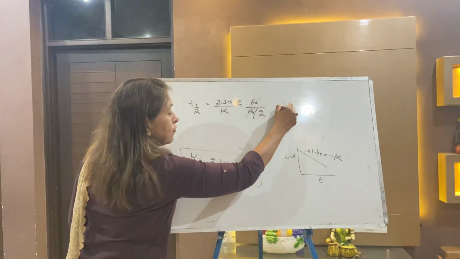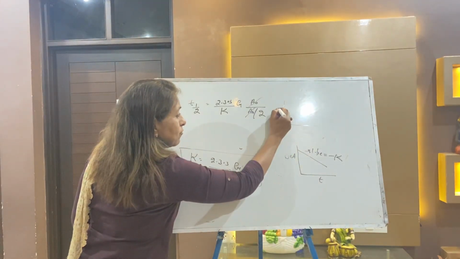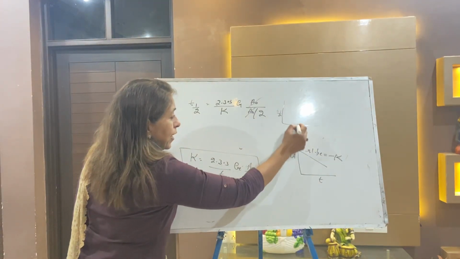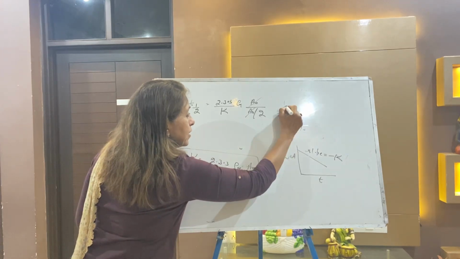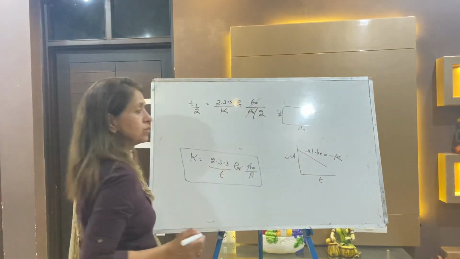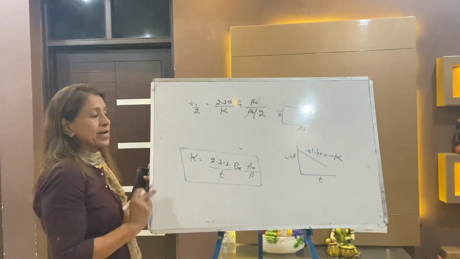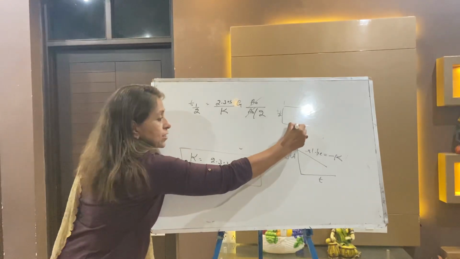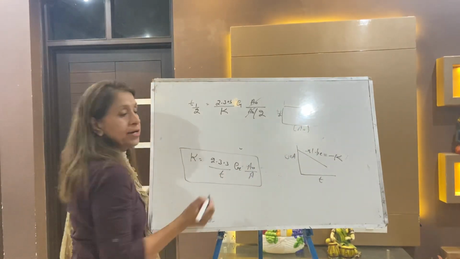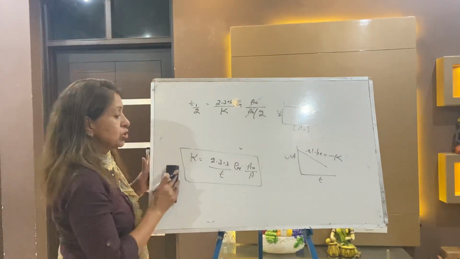If you plot a graph by taking half-life on the y-axis and A0 on the x-axis, it is independent of the initial concentration, a straight line parallel to the x-axis. The half-life of a first order reaction is independent of the concentration term.